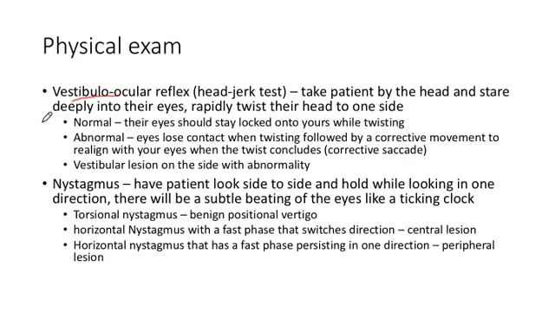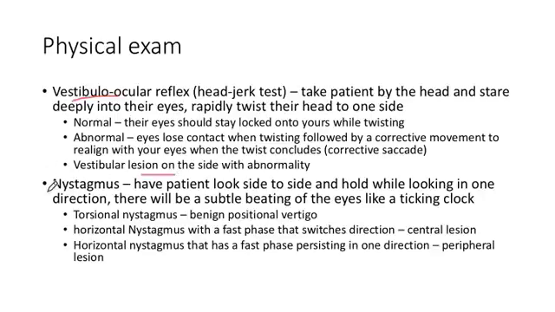If they don't, and then they correct rapidly back to your eyes, then you'd say the test is positive. So this is most useful if somebody has vestibular neuritis and you're trying to figure out which side it's on. So if I jerk your head to the left and there's a correction, the lesion is on the left side. So the lesion is always on the same side as the abnormality.